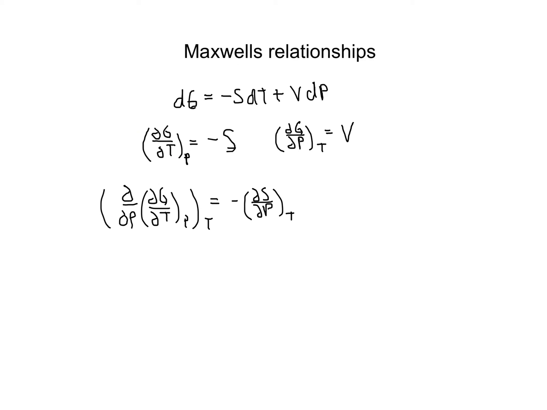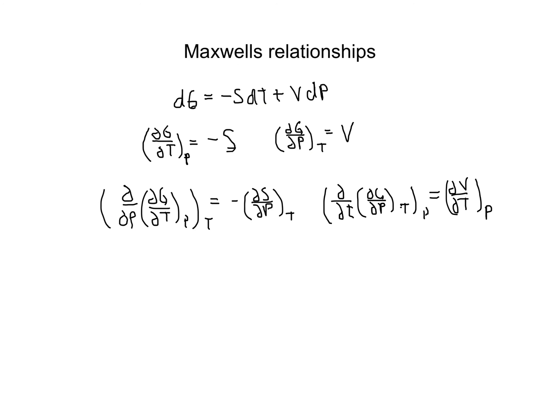Now I can do the same thing for the other first derivative, which gives me the derivative with respect to temperature of the derivative of Gibbs free energy with respect to pressure at constant temperature. Doing the second derivative at constant pressure is equal to the derivative of volume with respect to temperature at constant pressure.